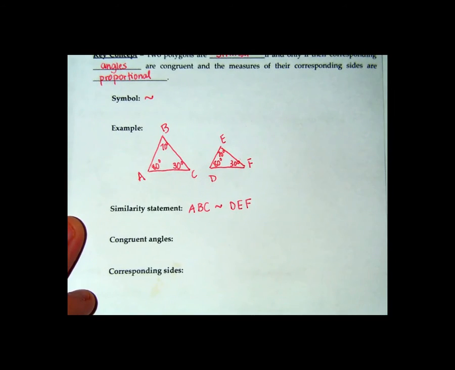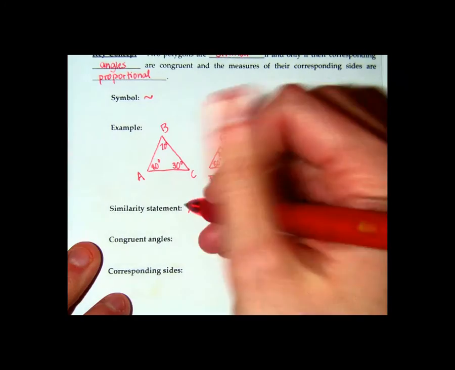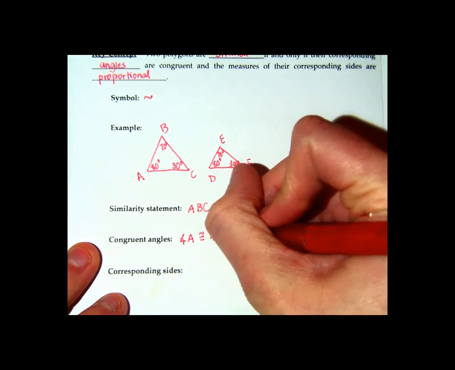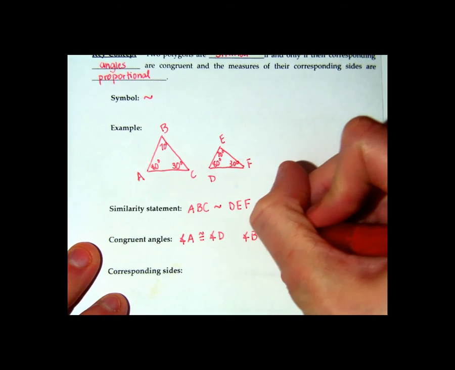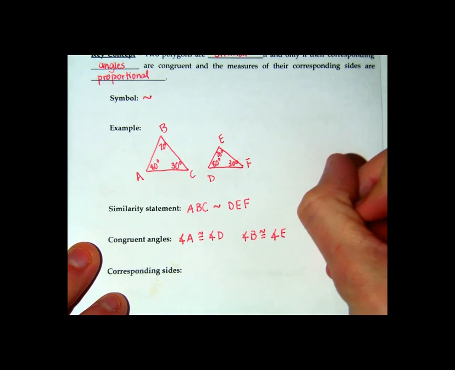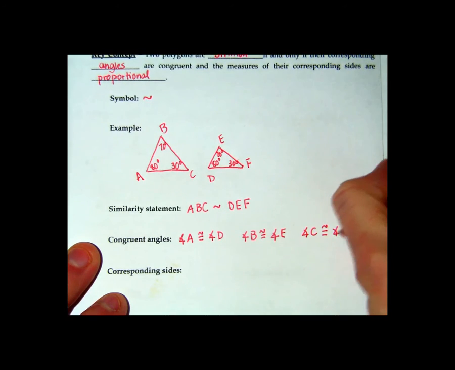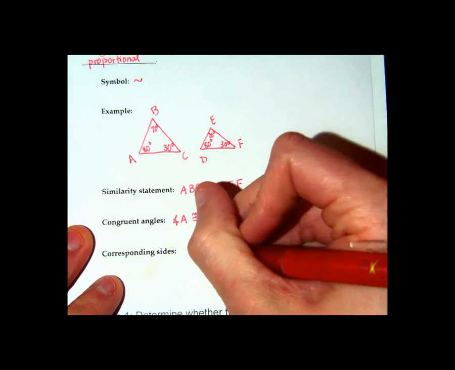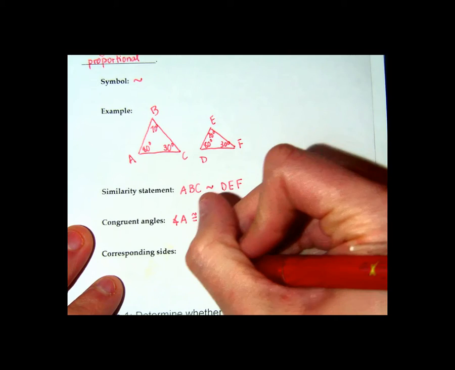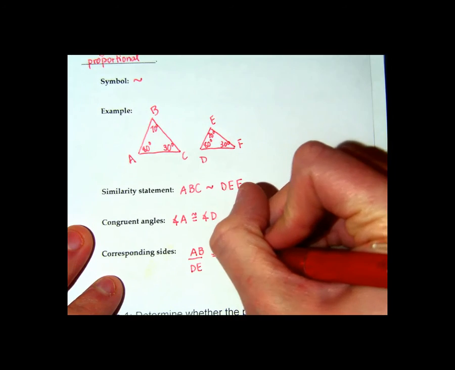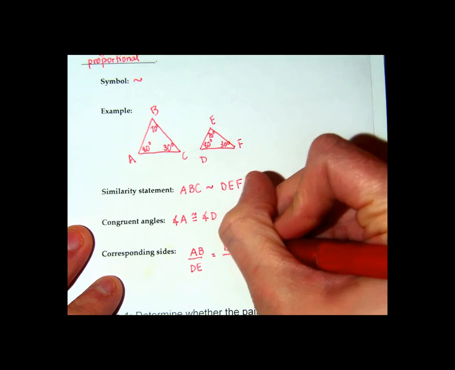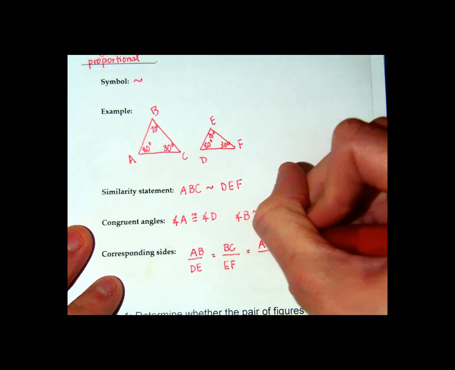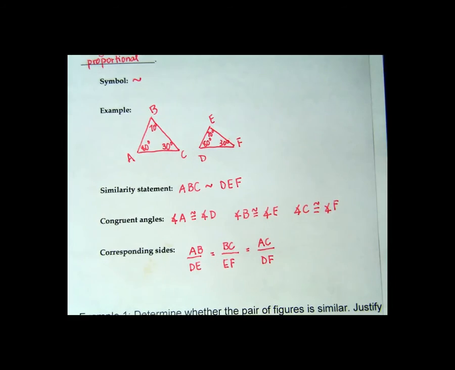Our corresponding angles, or congruent angles, are angle A is congruent to angle D, angle B is congruent to angle E, and angle C is congruent to angle F. The sides are proportional, so we write those as AB over DE should be equal to the proportion of BC over EF, which should be equal to the proportion of AC over DF. That's how we write the corresponding sides.